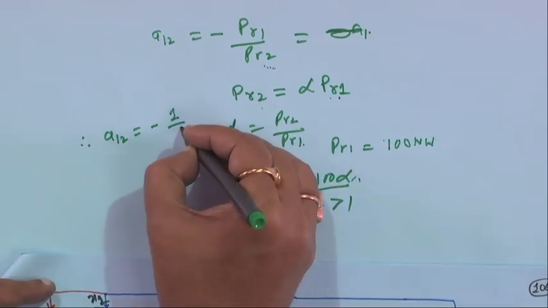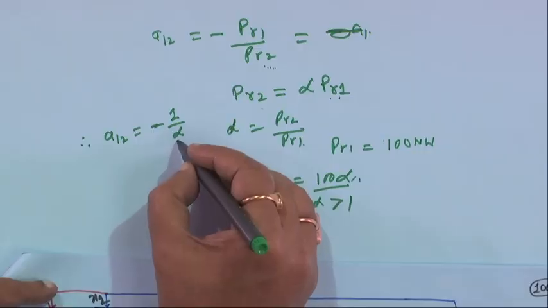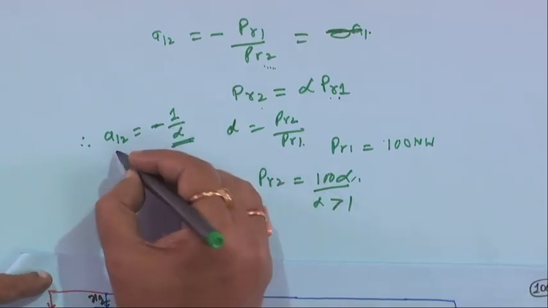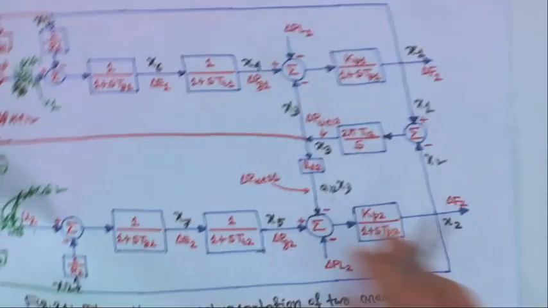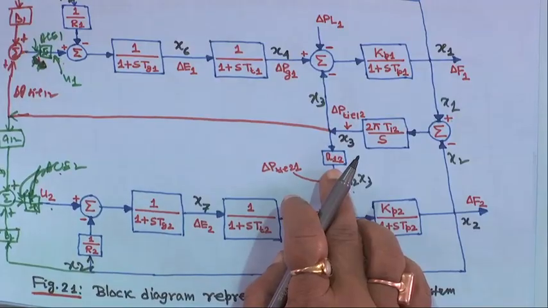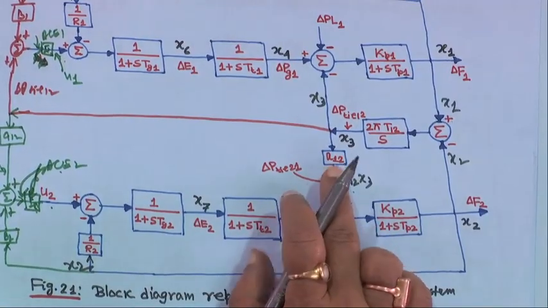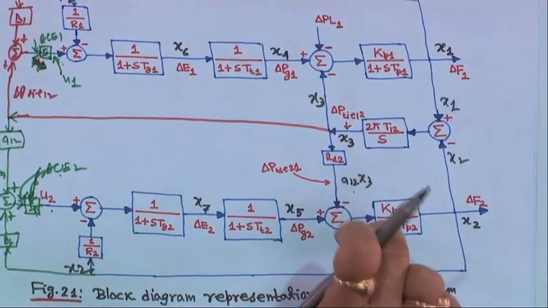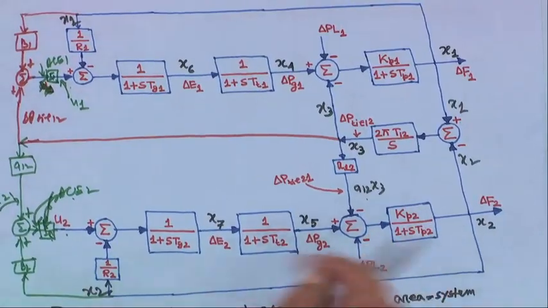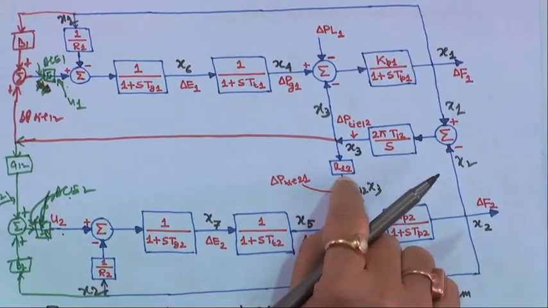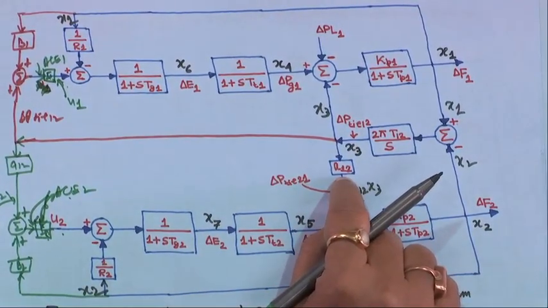That means minus 1 upon alpha. So if alpha is greater than 1 and goes on increasing, then the A12 value will decrease. That means in this diagram, when the area capacity of area 2 is increasing, the A12 value is decreasing, right?